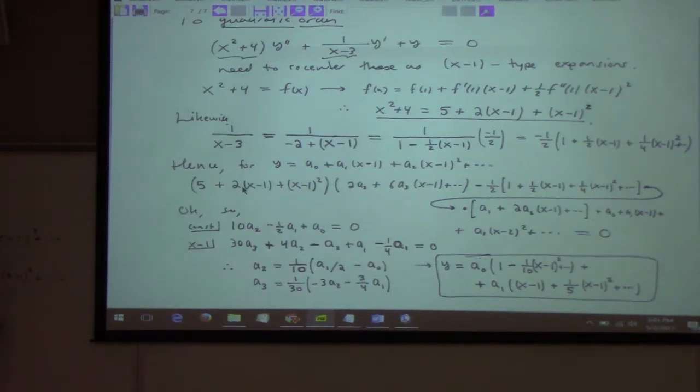And then for a1, I get my (x minus 1), right? But what else do I pick up from the a2? From this term, I pick up plus 1/20th (x minus 1) squared. And you see the danger of trying to do that in your head, because my answer is wrong in its current form. So here's the solution up to quadratic order right here. See how I did that?